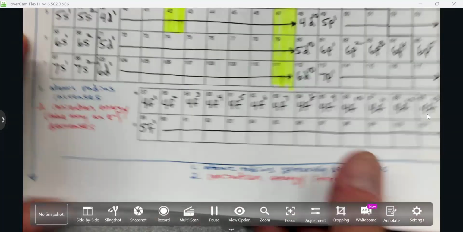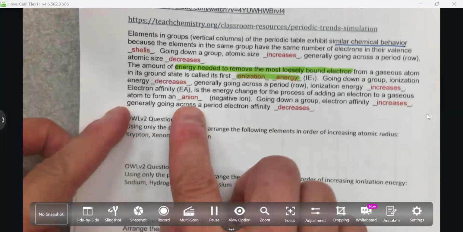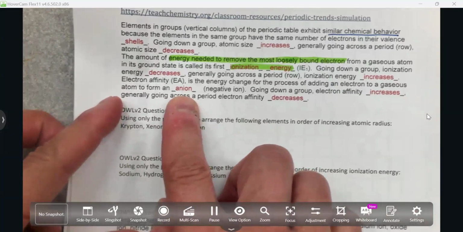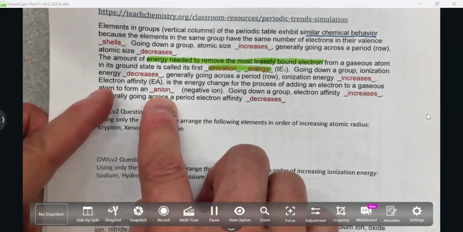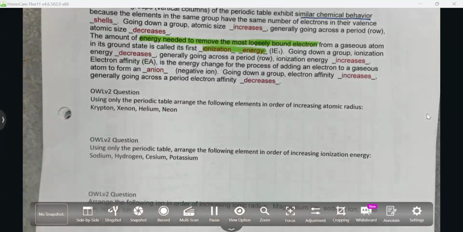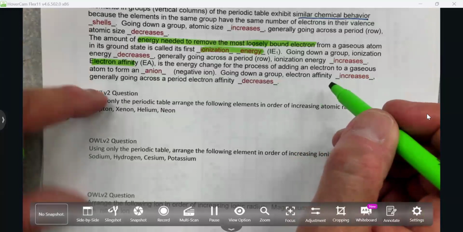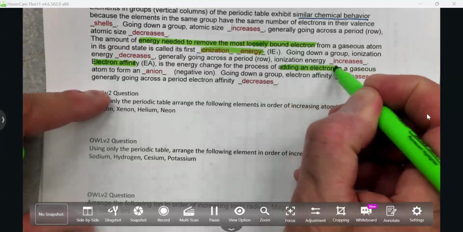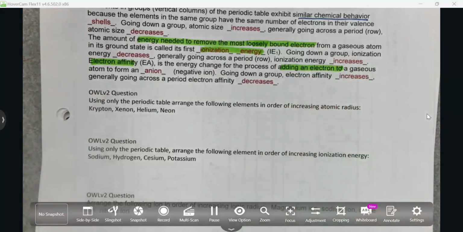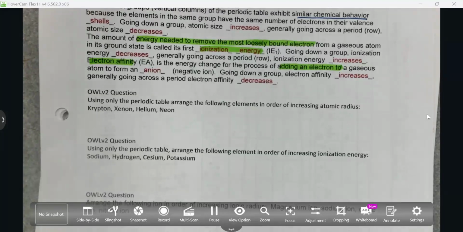Now, the last one on here is electron affinity. Oh, boy. So what is electron affinity? Adding an electron. So you want to add an electron. Which ones want the electron?